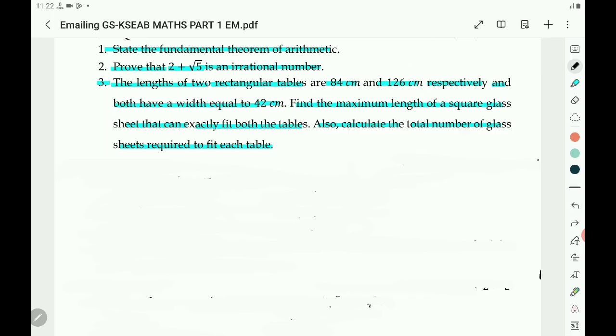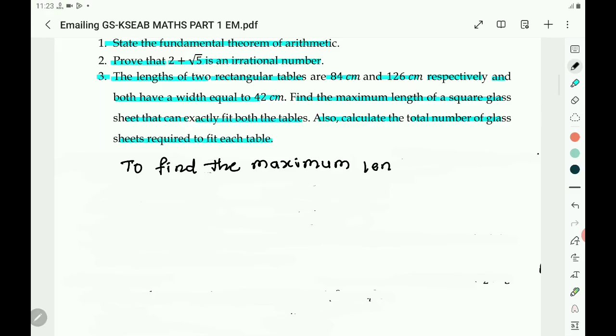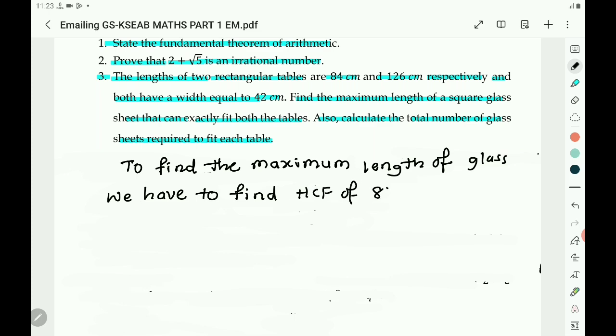So write, to find the maximum length of square glass, we have to find the HCF of 84 and 126.